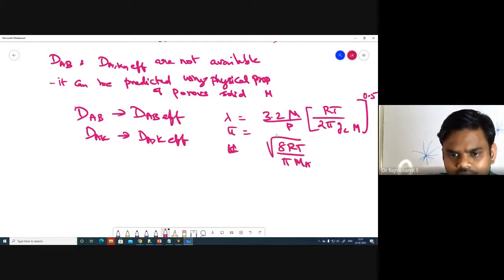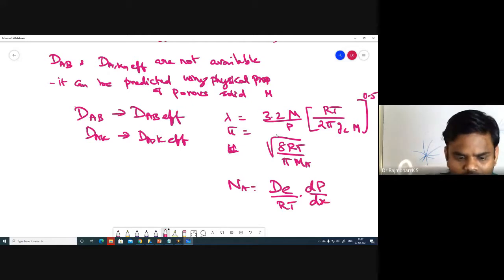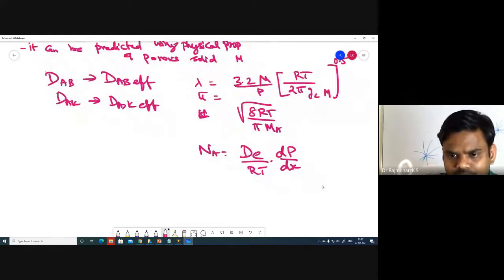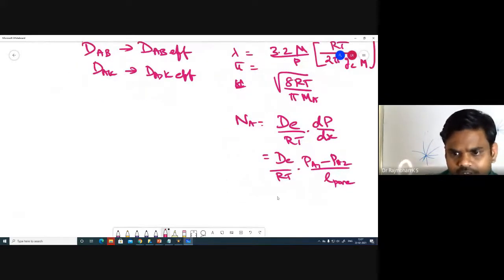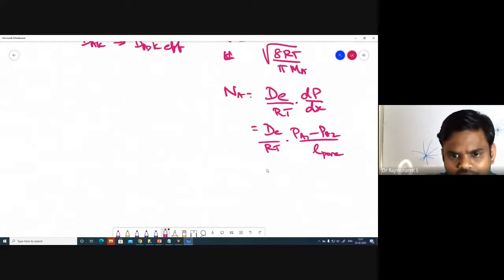Similarly, we use NA as D effective by RT into dP by dx, or simply D effective by RT into (PA1 minus PA2) by the length of the pore, which is dx.